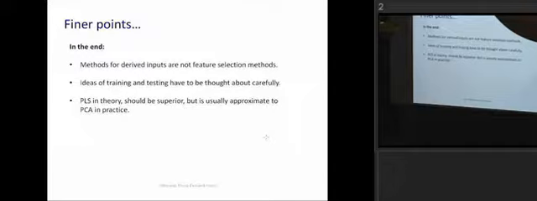Another finer point is that when you get to training and testing, these points have to be thought of a little bit more carefully. And it's always a common mistake. Even in the literature, it gets past reviewers. When you do training and testing with PCA especially, one has to think about, if you're using the loadings and the directions from the training set, how that applies to the test set.